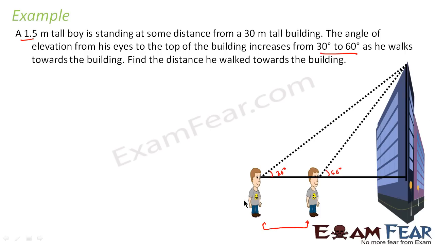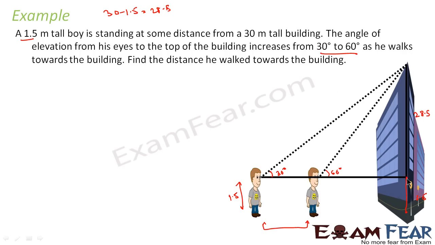Now this height was 1.5 meter. The total height of the building is 30 meter, so this height will become 30 minus 1.5, that is 28.5. So this black line is 28.5.